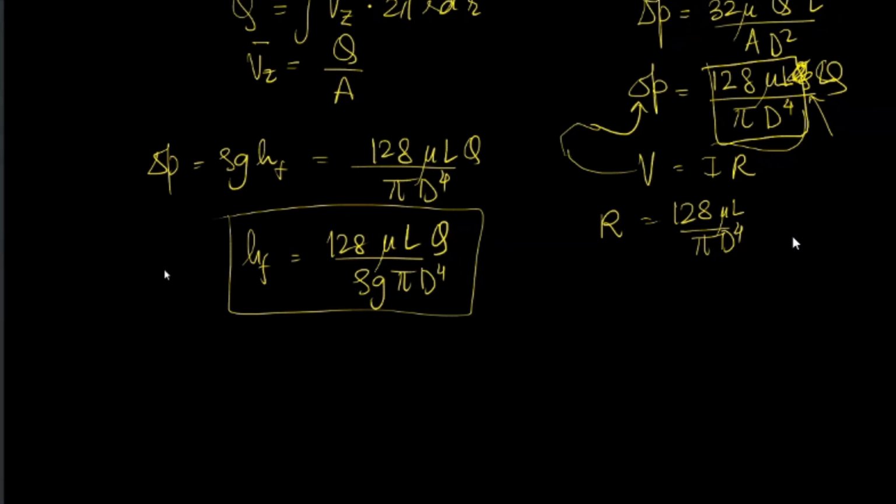Oftentimes head loss is empirically written in this particular fashion: f L by D times half rho V square by rho g. This can be simplified as V square by 2g. So f is a dimensionless number, L by D is the aspect ratio, and V square by 2g is the dynamic head.